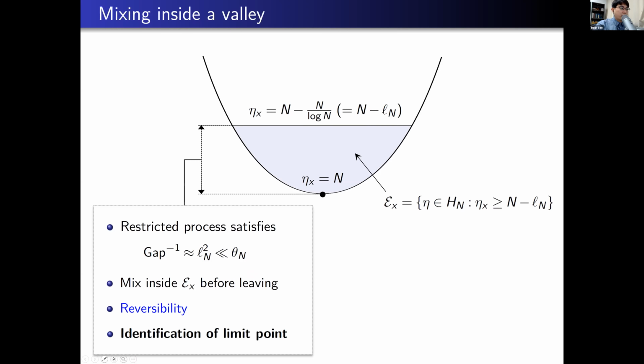And this is used in the identification of the limit point of the order process. I also would like to mention that this spectral gap as well as this restricted process are notions of reversible processes, and hence we need the reversibility of the zero-range process for this step. So this is the first one.